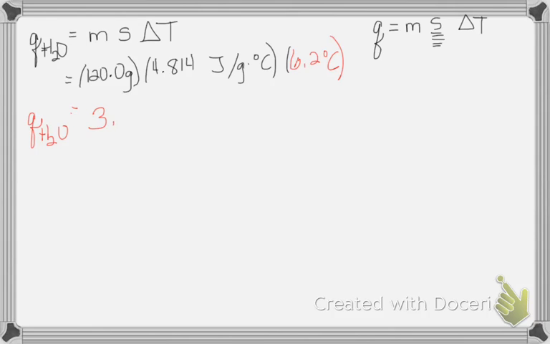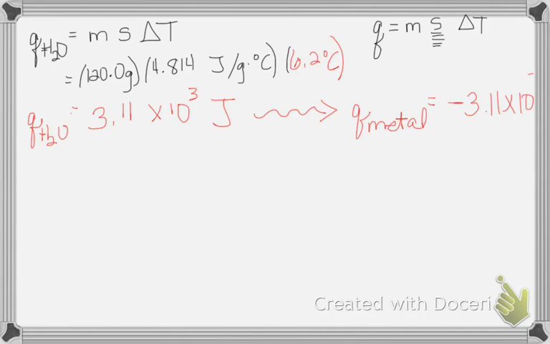Is that what y'all got? Yes. The Q for the metal is negative 3.11 times 10 to the third joules.